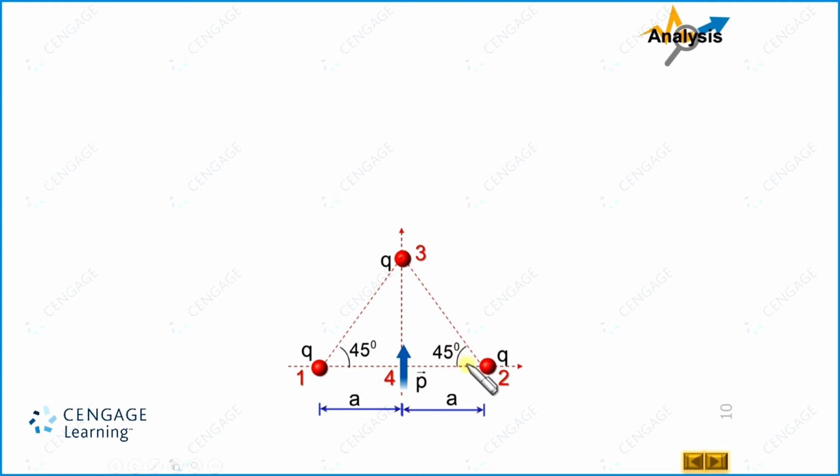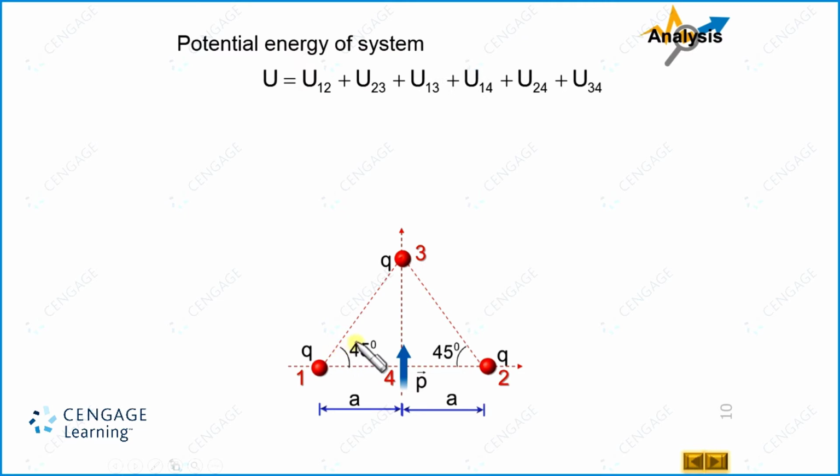We have four elements, which means the number of pairs should be 6, and we can write the potential energy of these 6 pairs as U12, U23, U31, U14, U24 and U34. U12 is the potential energy associated with these two charged particles separated by a distance 2a.